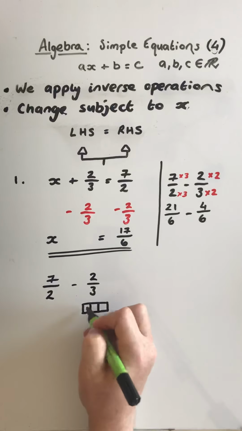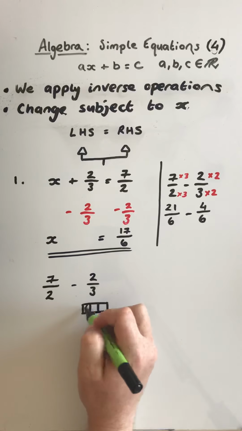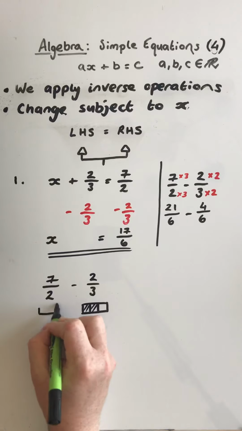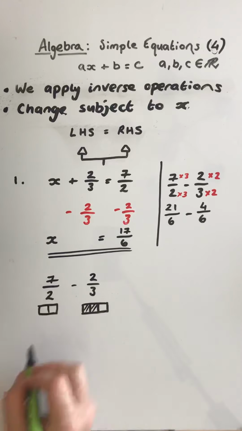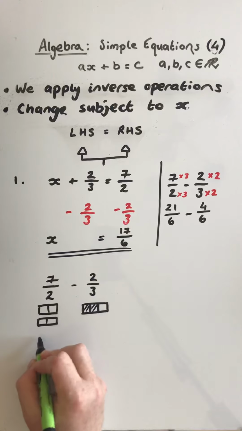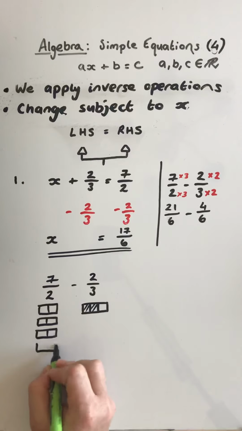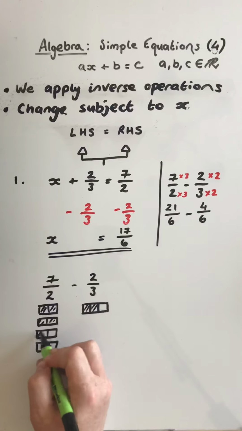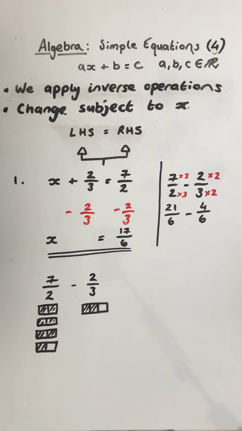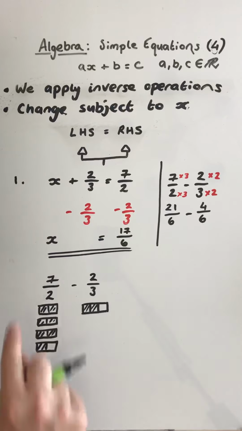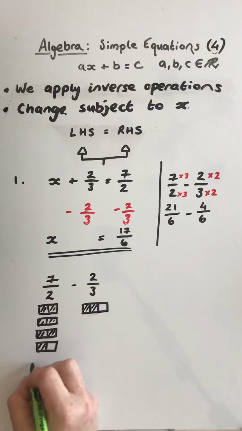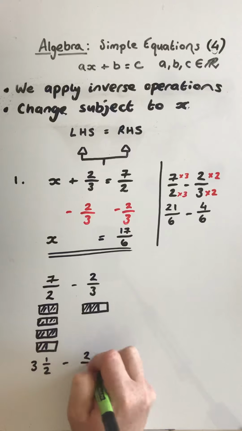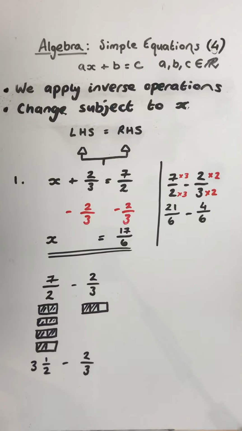There's 3 equal parts of which you have 2. 2 equal parts of which you have 7. So they're all the same size. So we've got 1, 2, 3, 4, 5, 6, 7. So really that is the same, if this was a mixed number, as 3 and a half. So that question could have looked like that.